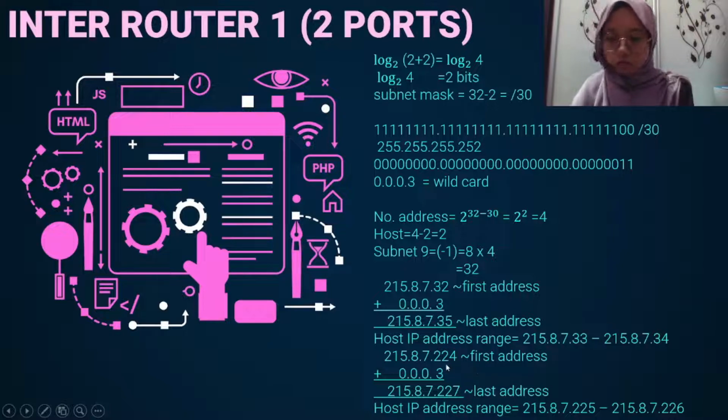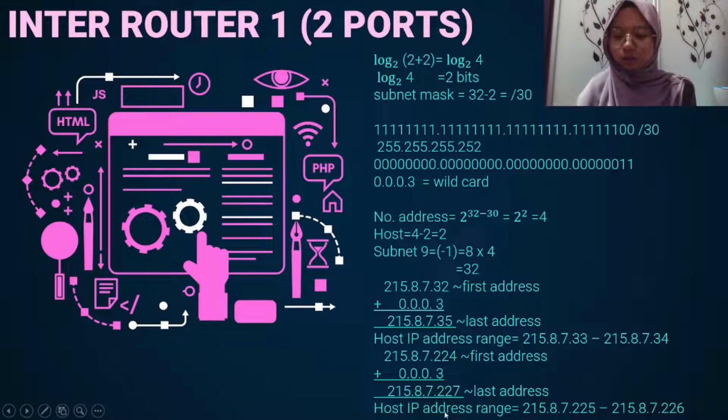We use 224 because before, the last address we got was 223. So we continue, and we get 224 for the first address, and we add the wildcard, which is 0.0.0.3, and then we get 215.8.7.227, which is our last address.